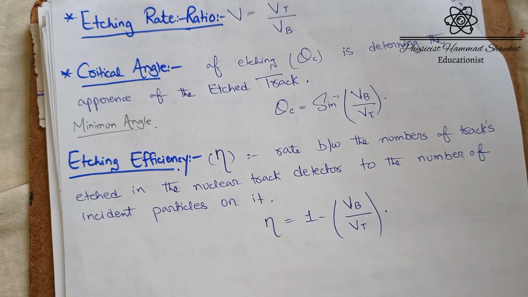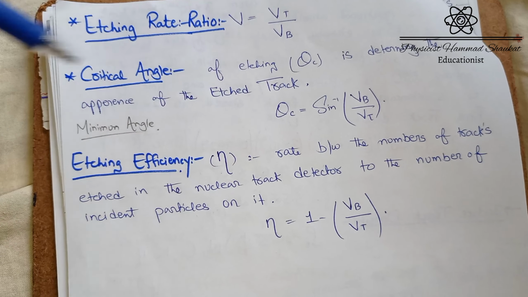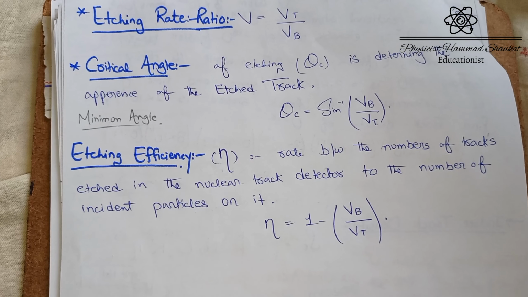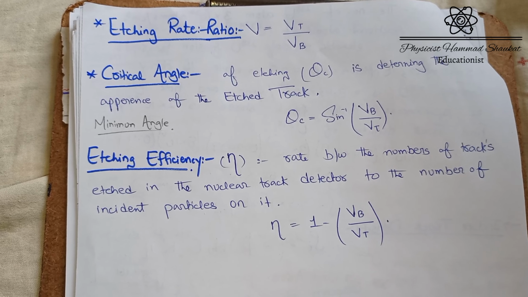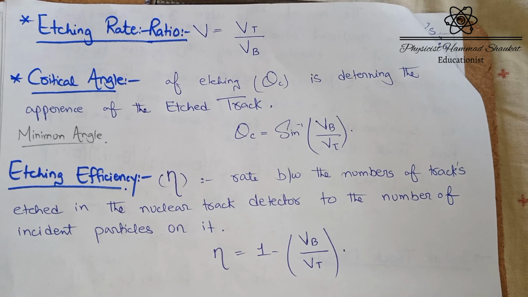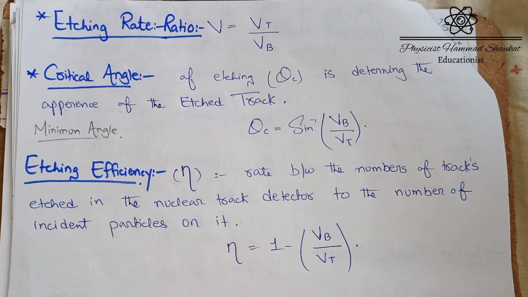It's calculated from our equation: theta c equals sine inverse of Vb by Vt, bulk etch rate divided by track etch rate. So this is how you can calculate the critical angle, the minimum angle at which the track will appear on a detector.